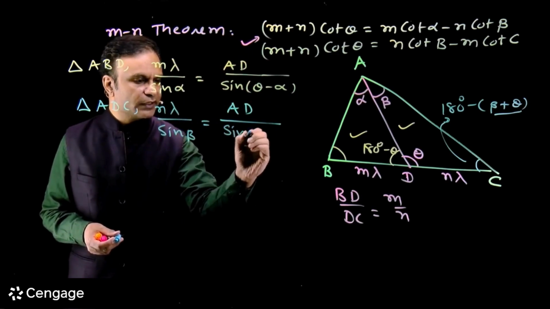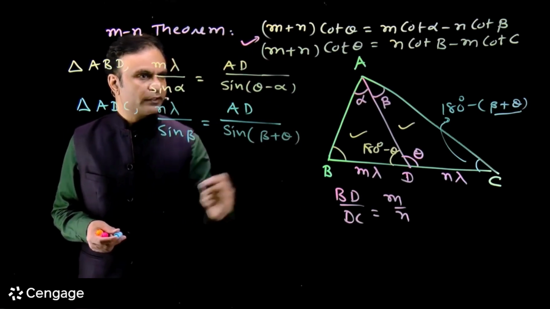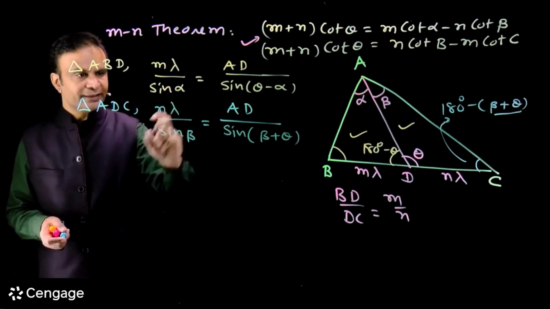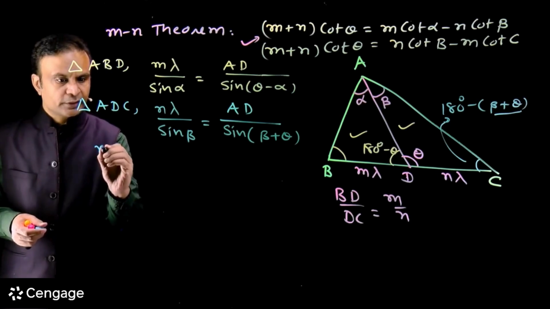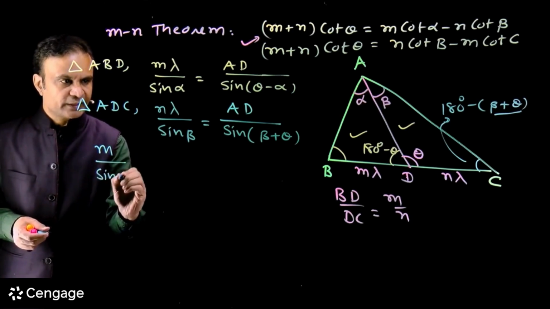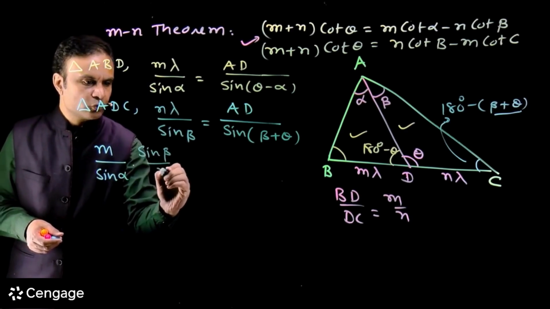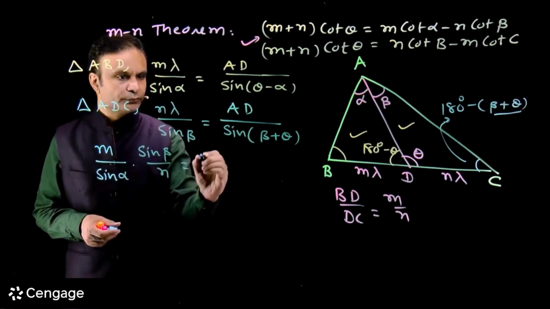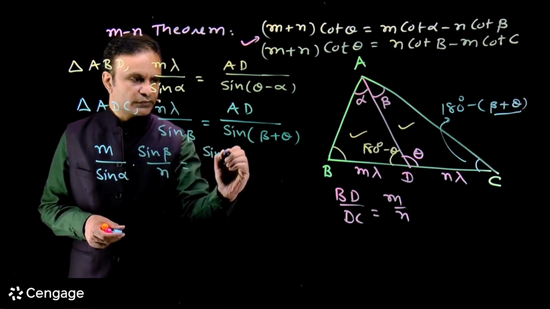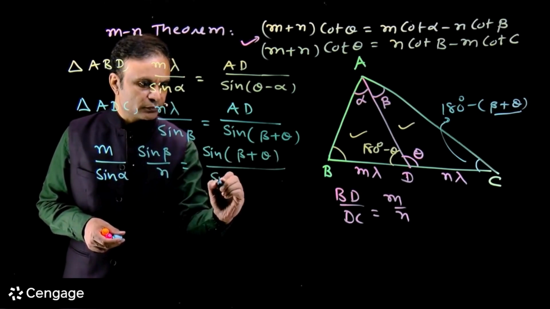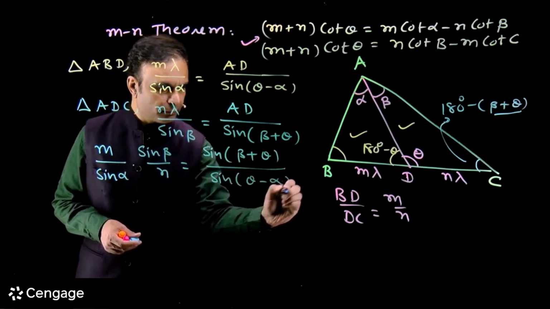So we have sine of beta plus theta. Now we divide this result by the other result. We have m upon sine alpha multiplied by sine beta upon n, equal to sine of beta plus theta upon sine of theta minus alpha.